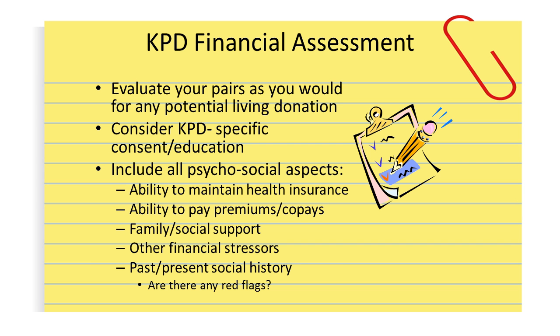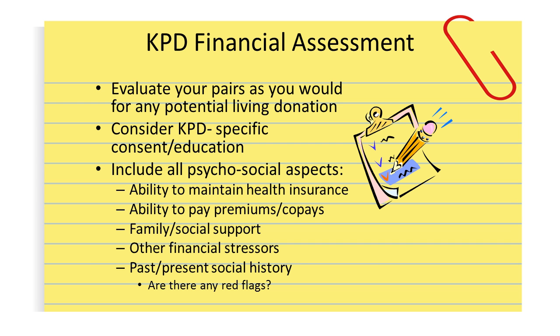So for example, when you are doing KPD finances and you're exchanging donors and donor information, you want to make sure that you have policies and processes in place to be confidential, but that may not always occur. So you want to ensure that you're properly educating your pair as to what's going to happen when you're exchanging. That might be different than your standard pair through living donation.